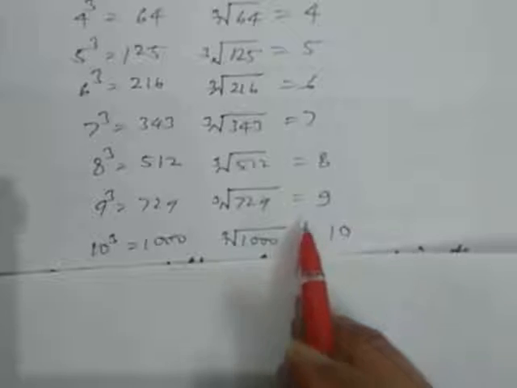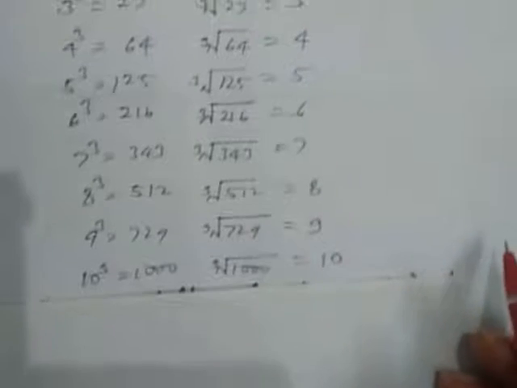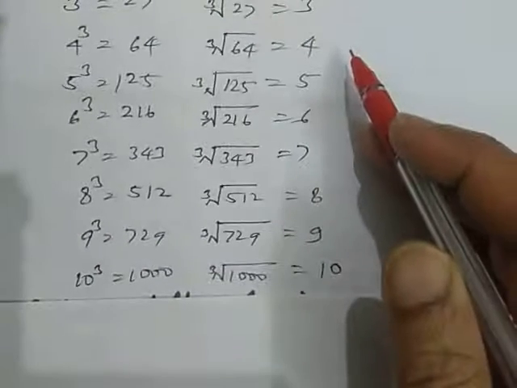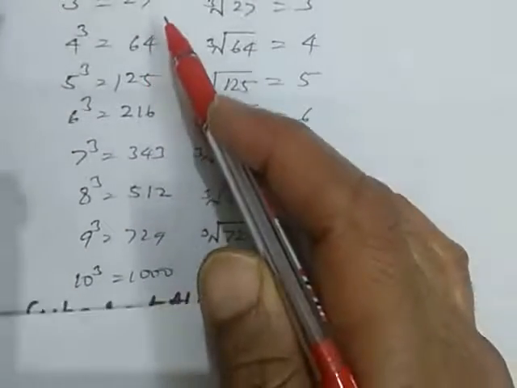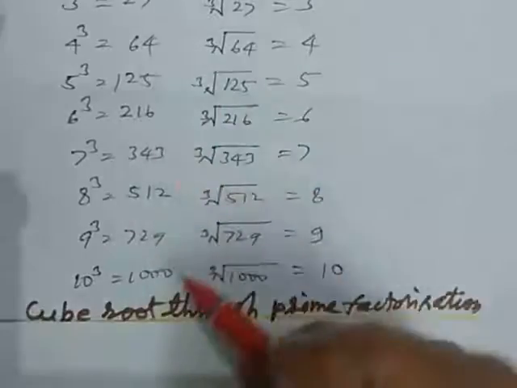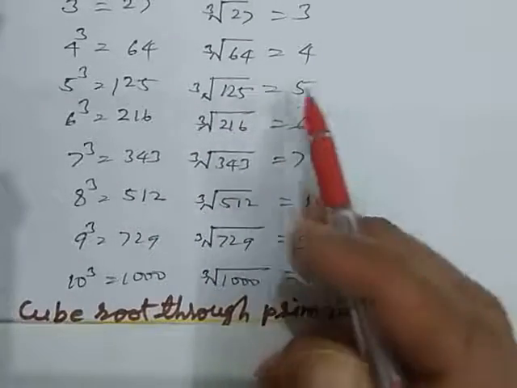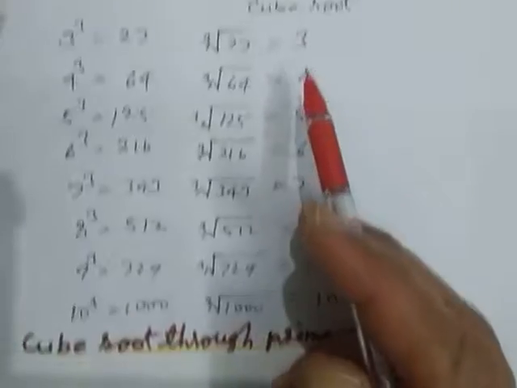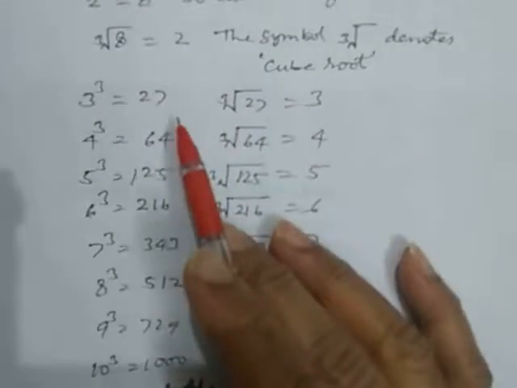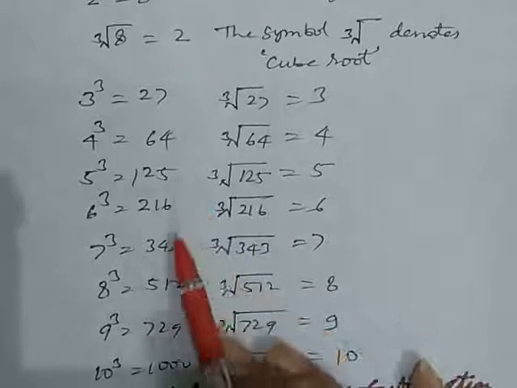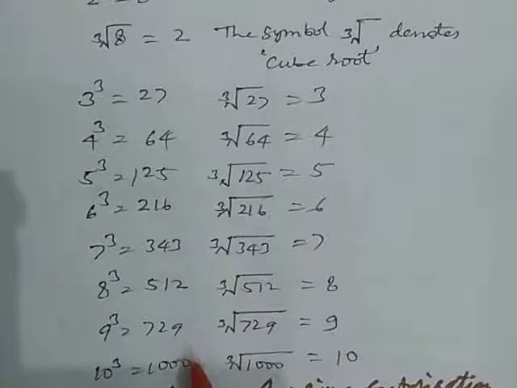And like that. Here we can see, if the unit digit is from 1 to 10, then we get the unit digit of the cube as 8, 7, 4, 5, 6, 3, 2, 9, 0.